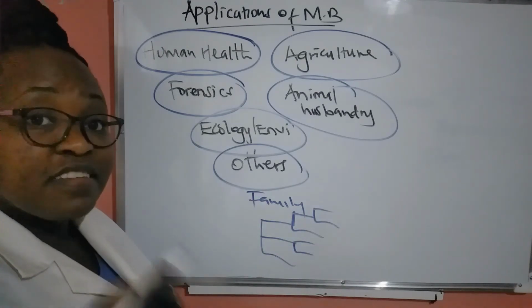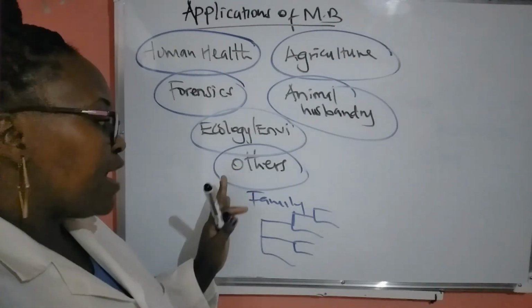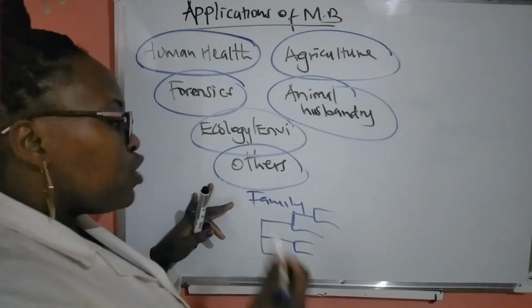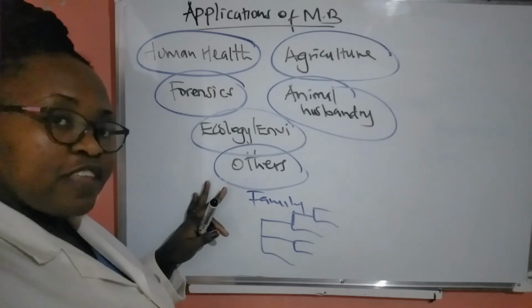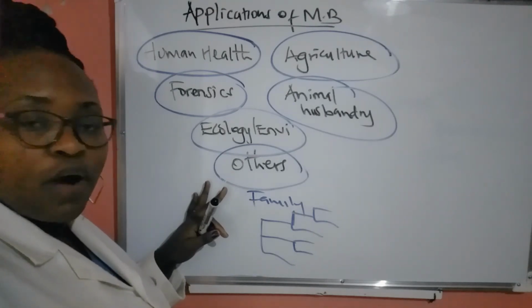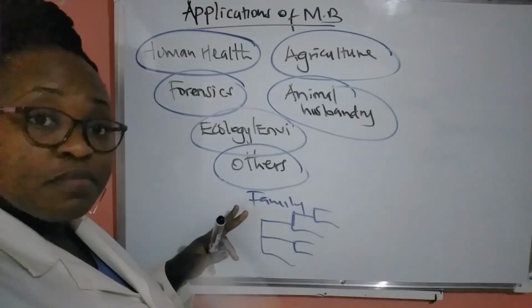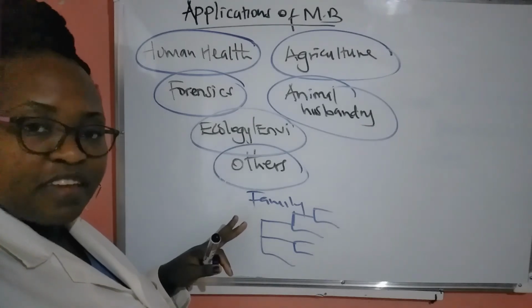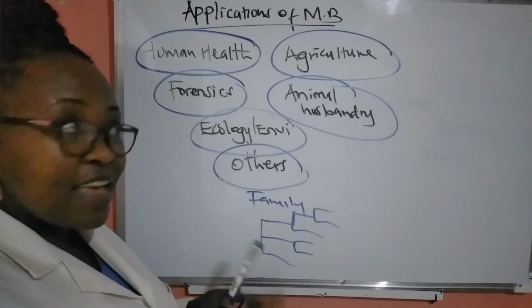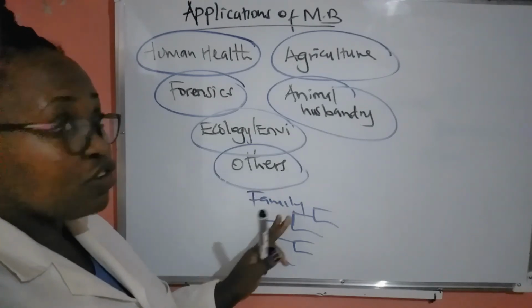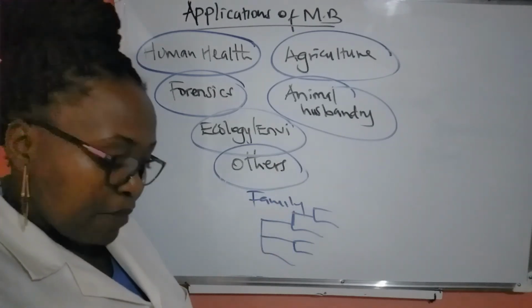And this is important in animal models, where, especially in healthcare, we want to identify which organism is closest to human beings, so that you can use that particular organism to test maybe vaccines or to test medication before you give them to human beings. These are some of the applications that we have of molecular biology.